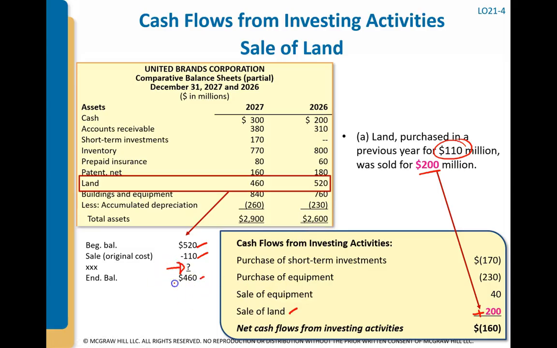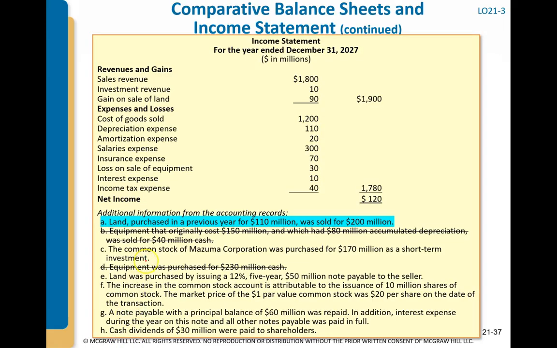It does not roll forward. We are still missing something. So let's go back into our additional information and see what it says in there. What can we find? We can find item E. Item E says land was purchased by issuing a 12% 5-year $50 million note payable to the seller. This is going to be a non-cash transaction between the investing activities and financing activities.